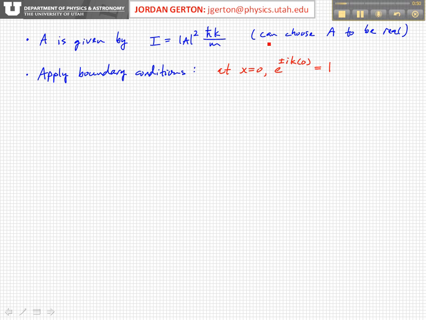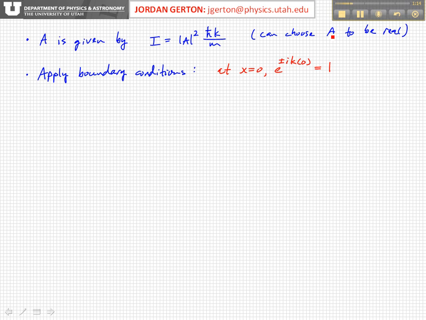And I should mention that since A squared is the complex magnitude squared, A star A, we can actually choose A to be real, and we can make that choice once. That basically just corresponds to choosing a phase shift in the plane wave, and so it doesn't change anything physical.